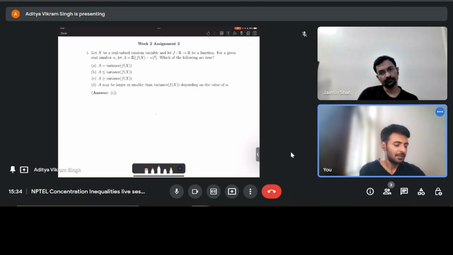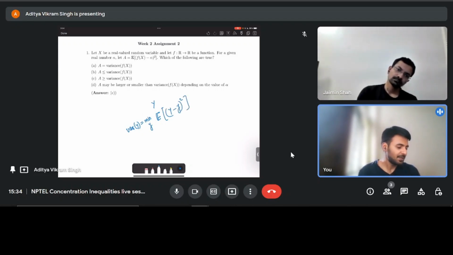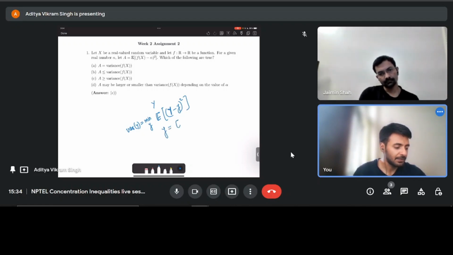For any random variable y, variance of y is the minimum over the constant of the expected value of y minus that constant, the whole square, the mean square error. So what is your best deterministic estimate of this random variable y? The solution comes out to be the expected value of y.